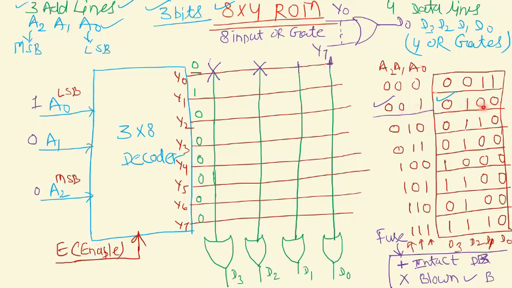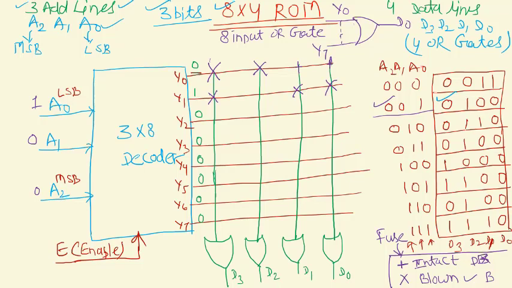It means only the D2 line will be 1, and the rest D0, D1 and D3 will be 0. So we have to break the connection from here and from this point and from this point.